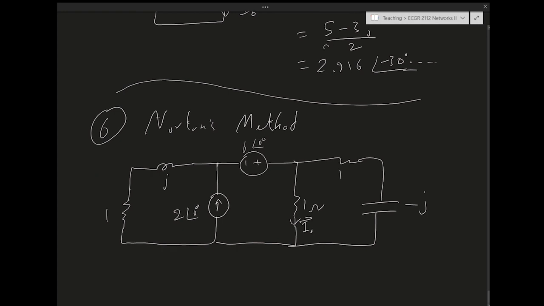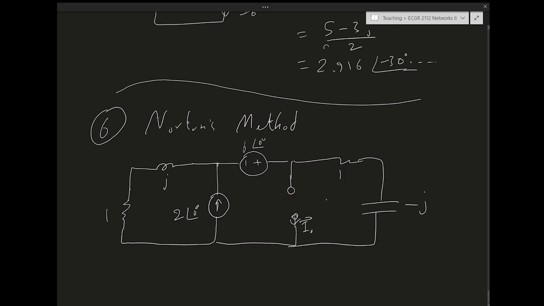Okay, so we want to find the Norton equivalent circuit. We have to turn the voltage, everything into current source, right? And so what we need to do is take this out, and find the Norton equivalent circuit.